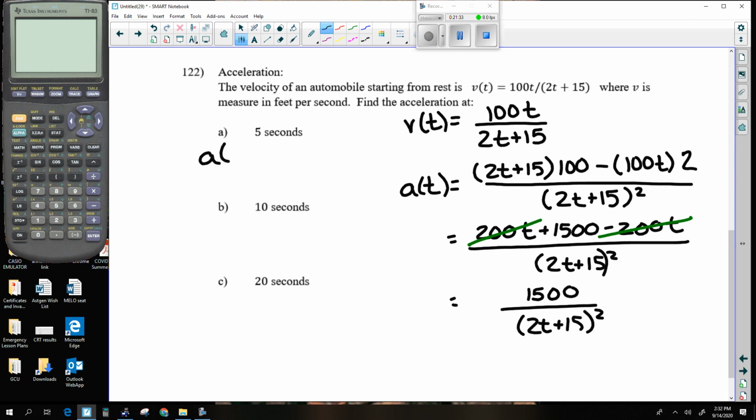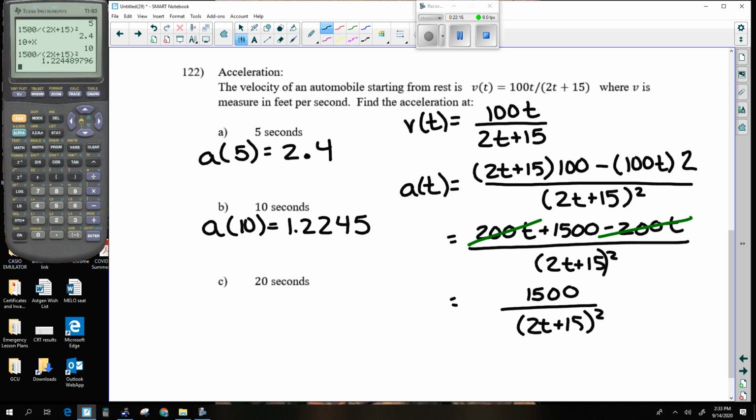So find the acceleration at 5 seconds. I'll worry about labels here in just a second. At 10 seconds. And at 20 seconds.